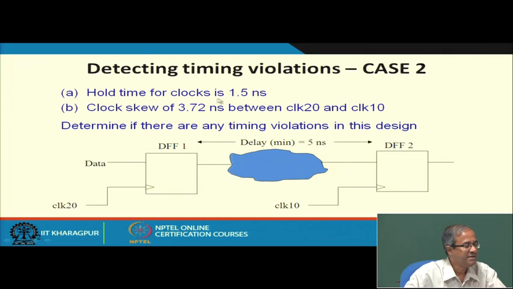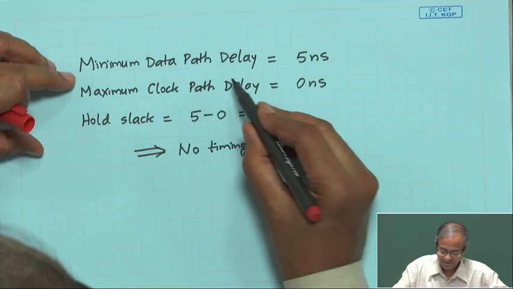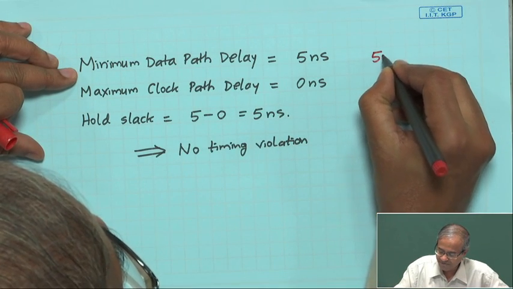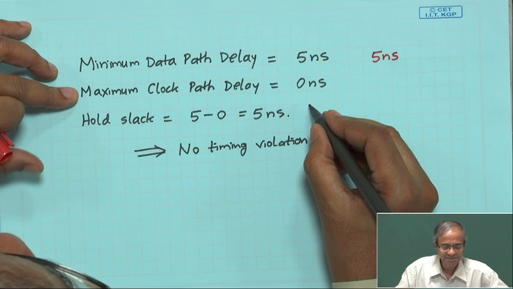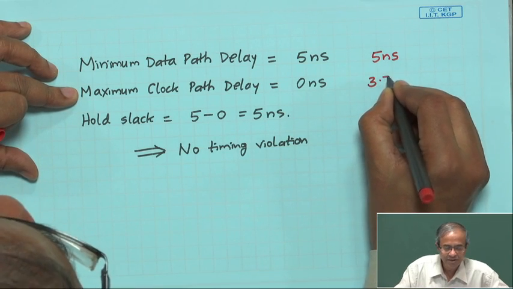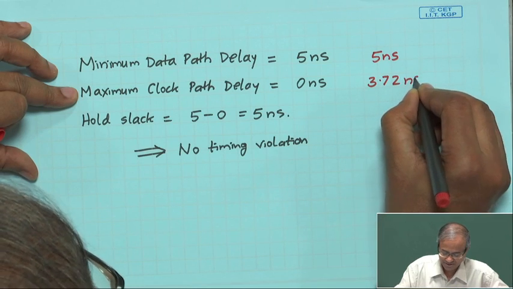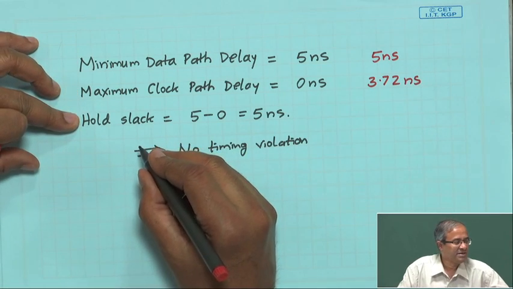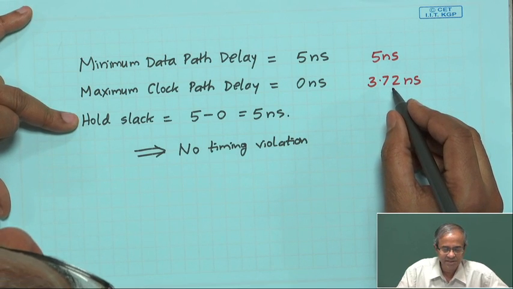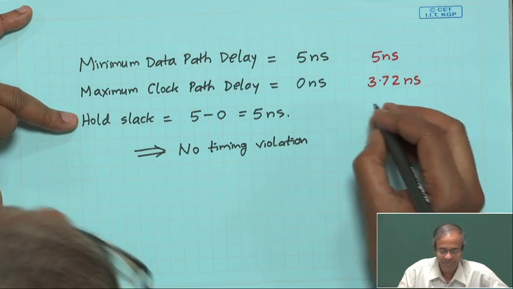Here we are saying that in addition to that there is a clock skew of 3.72 nanosecond. So, here what will be the calculation? Side by side we are showing minimum data path delay. So, here also it will be 5 nanosecond. Maximum clock path delay because of the clock skew, it will be 3.72 nanosecond. Hold slack, you see there is a hold time for clocks. Because of the clock skew, that hold delay will also come in.